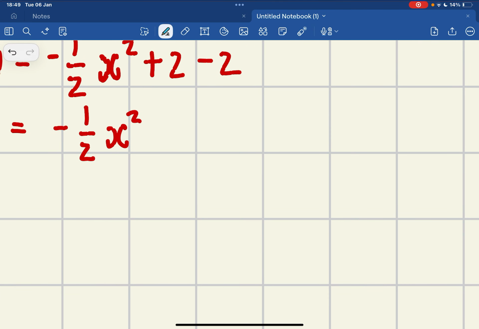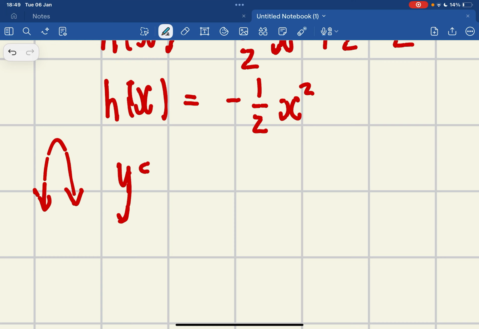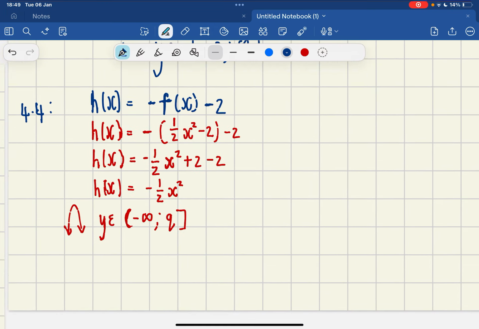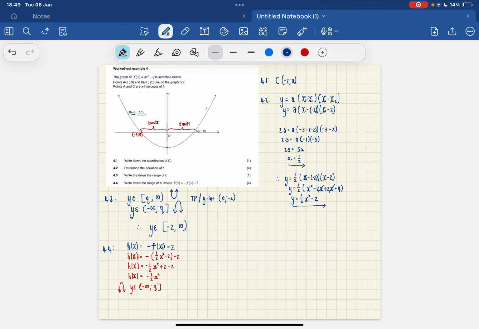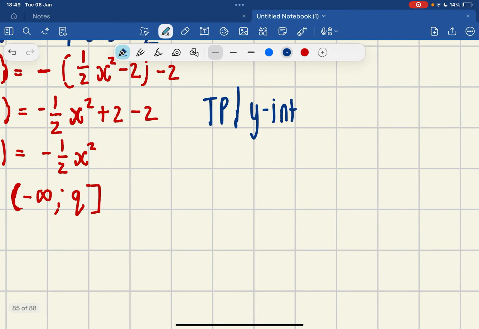Now h of x as we've been given is now a frowny face. So we'd be using the formula y is an element of from negative infinity up to q, right? Negative infinity up to q. That being said, what is the value of q? The value of q is the same as the turning point, in this case, and our y-intercept is essentially how we would find the value of q.